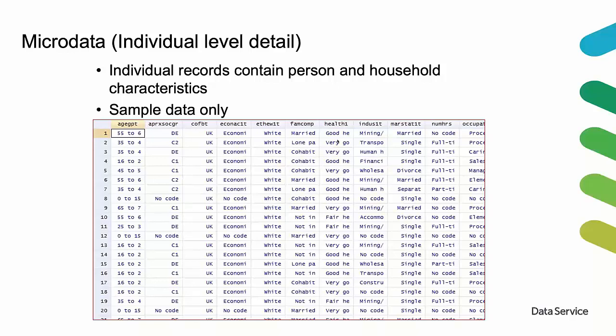Country of birth might just be a couple of categories, for example. It depends on the topic combination that you've requested. It's only sample data, between 1% and 5% of the census. But as the census is very large, there's still a lot of data to look at.